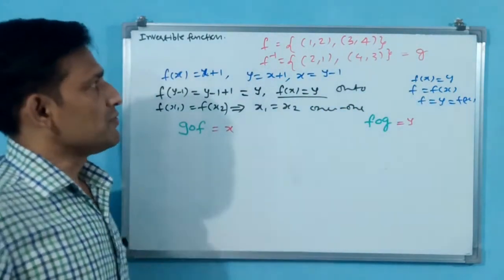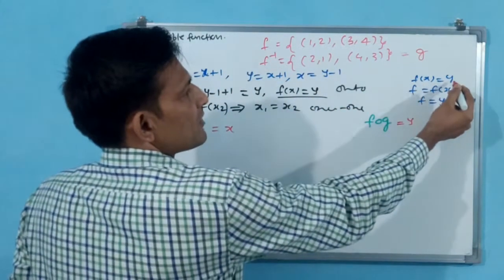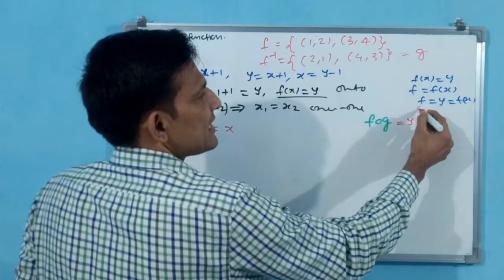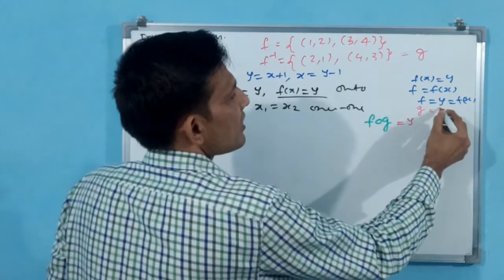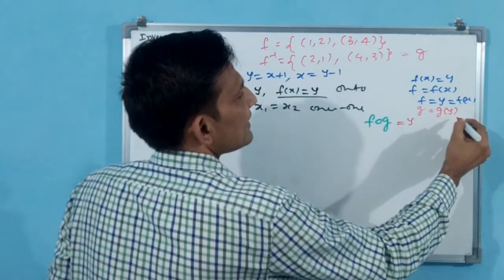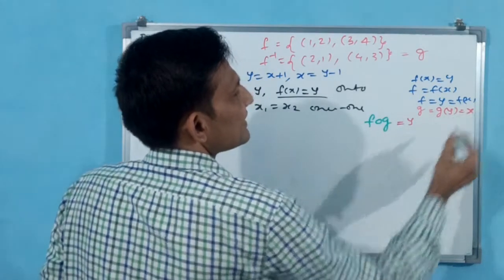If G, then F of X is equal to Y, but what about G? G of Y is equal to X.